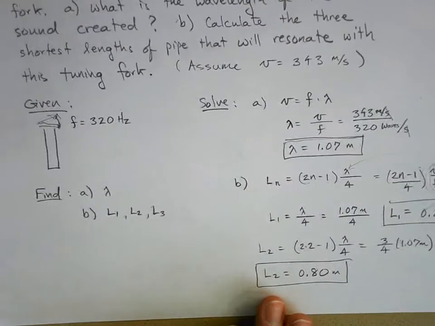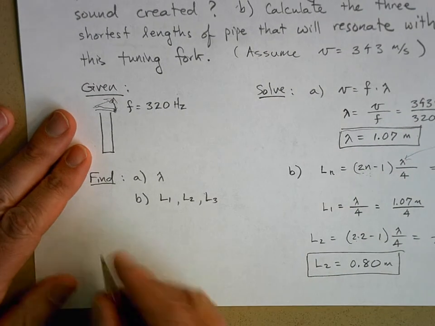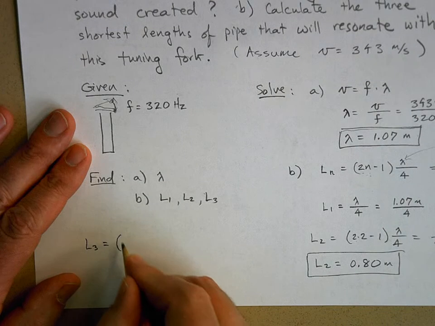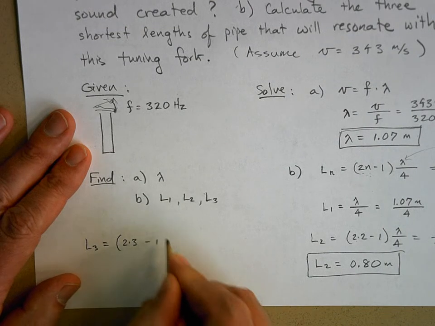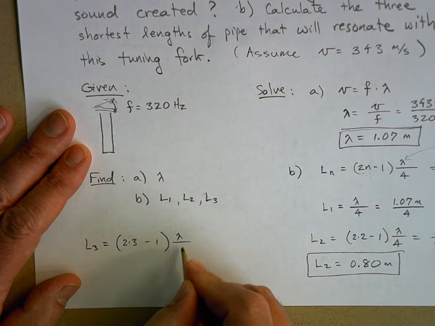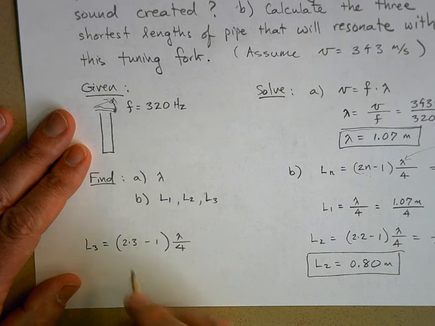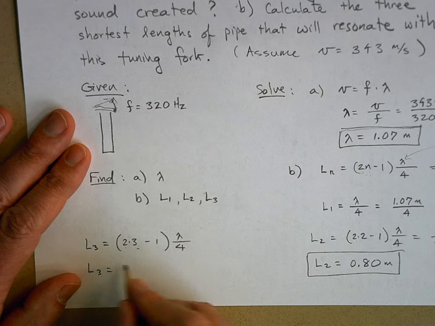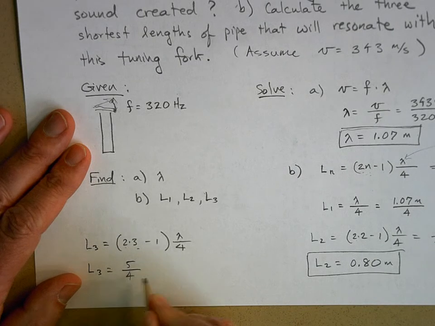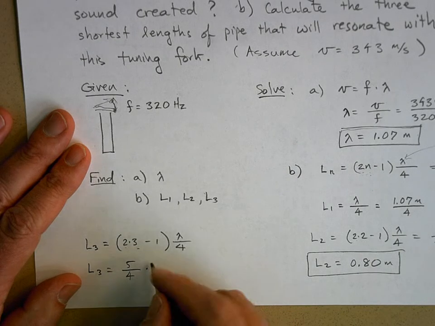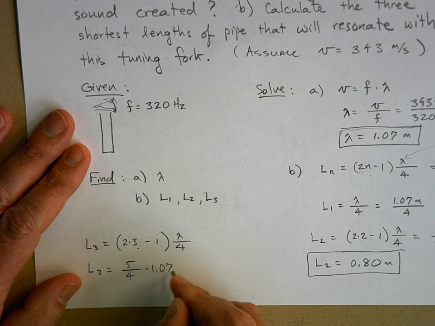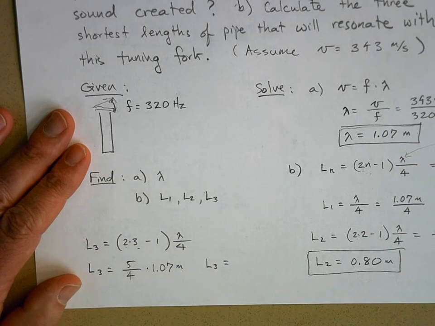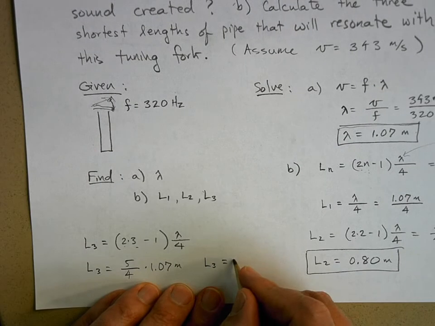Okay, and then L3. Well, n is now 3, so that's 2 times 3 minus 1 times the wavelength over 4. So that's 2 times 3 is 6 minus 1 is 5. So 5/4 times the wavelength. And so L3 is equal to what? 1 point what?